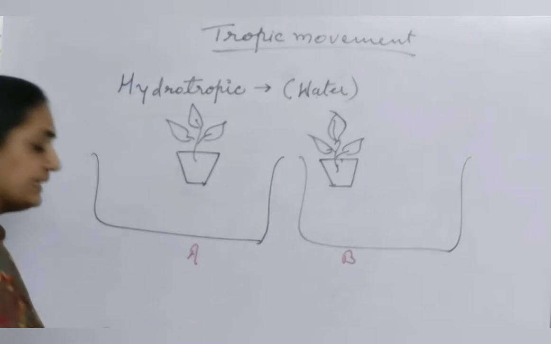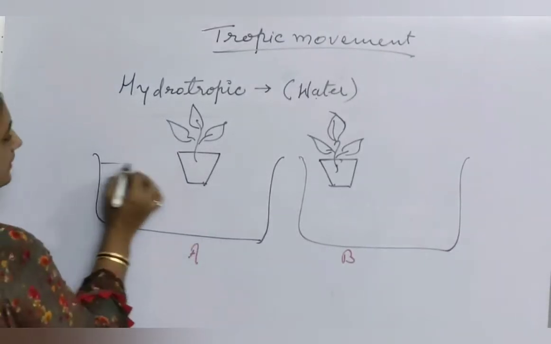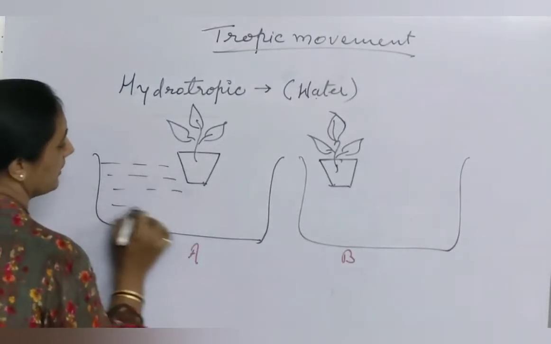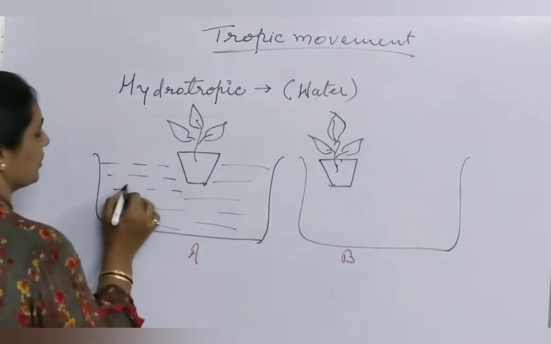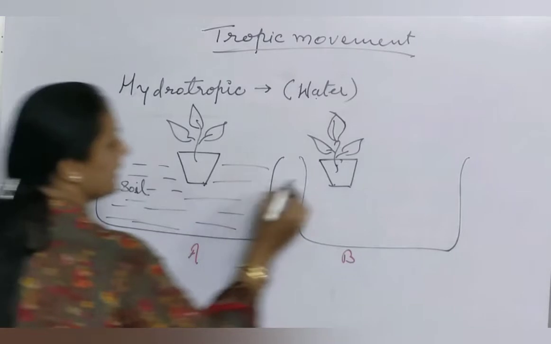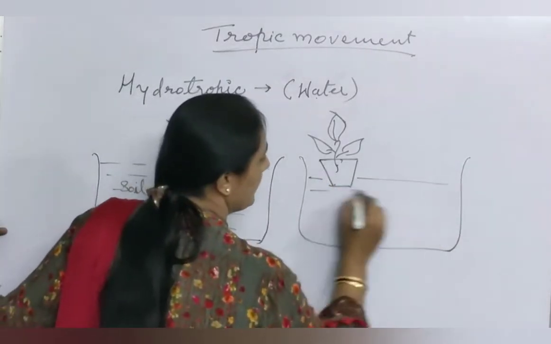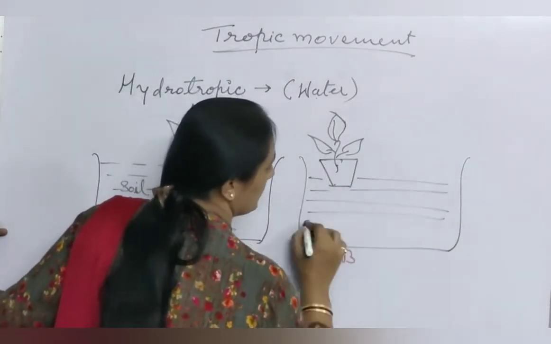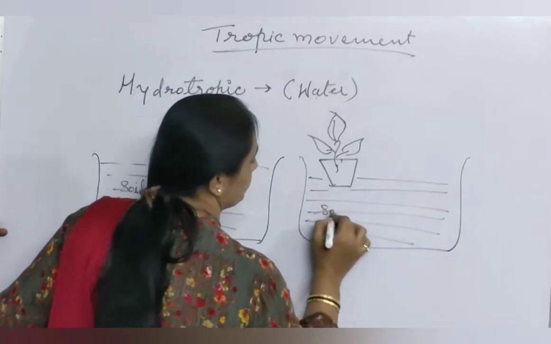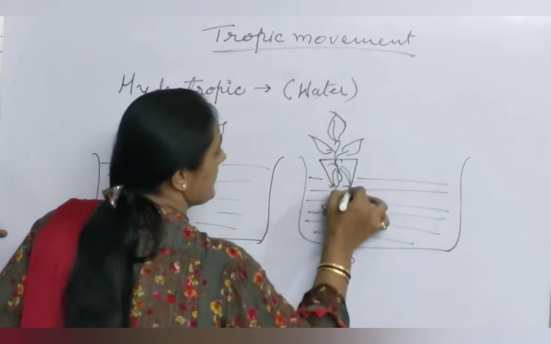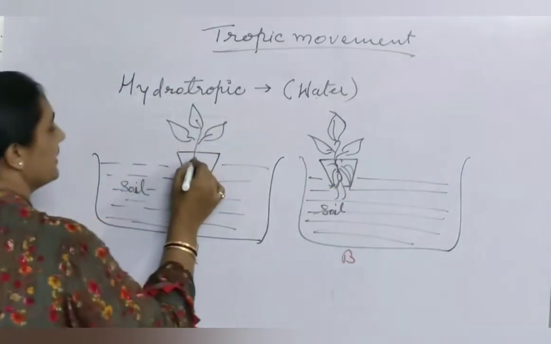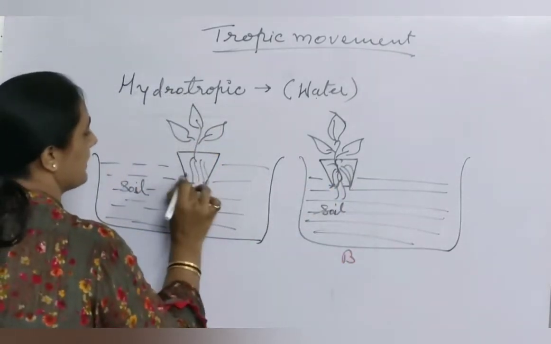Now fill this glass tub completely with soil. Here also we fill it with soil. And here we have already planted a sapling, and here also a sapling is there.